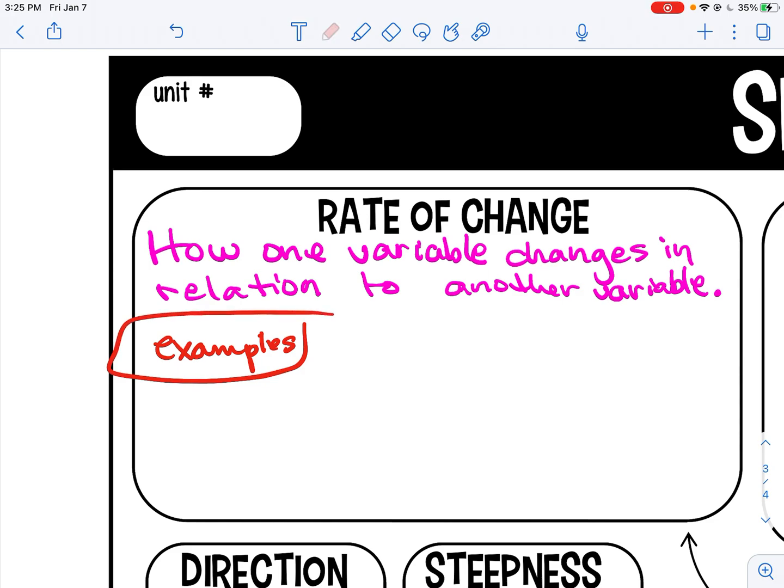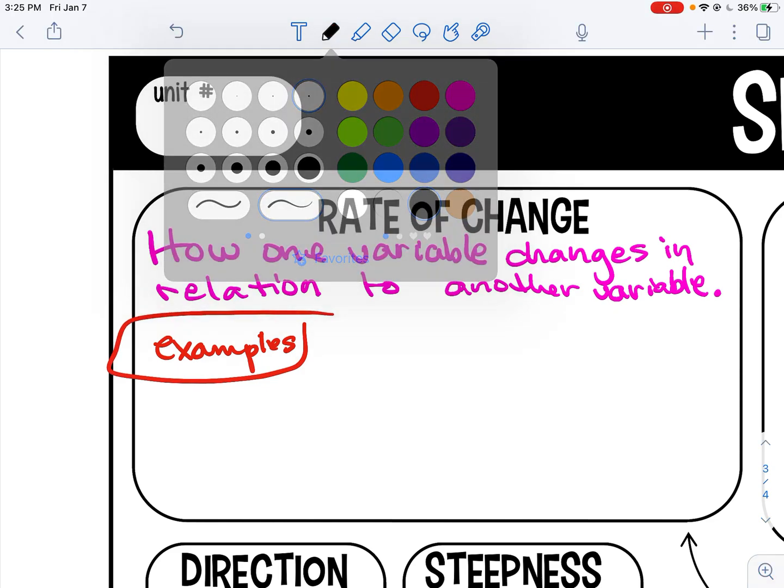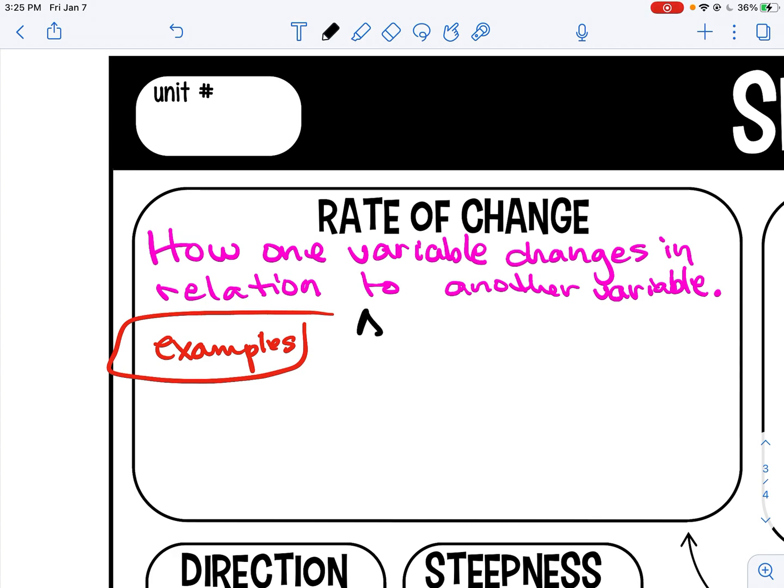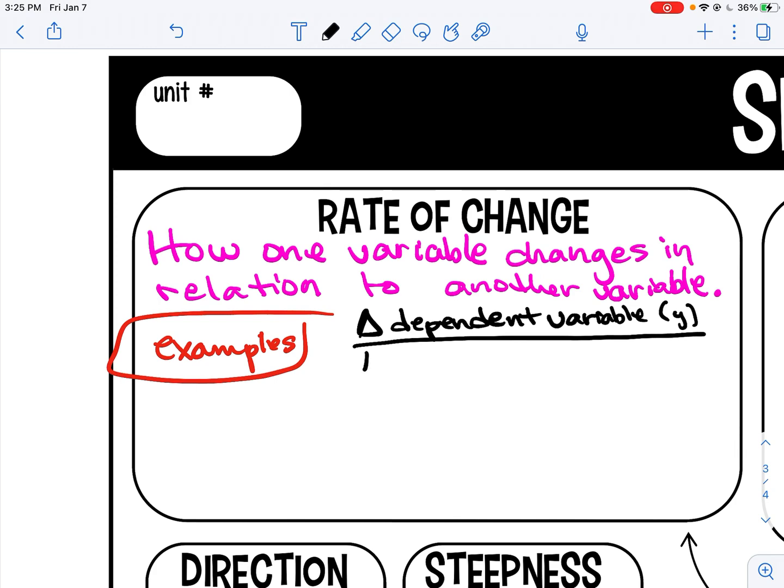Okay? Oh, before we do the example, how about we do the change of the dependent variable. And remember how we talked about that's usually the y, over the change in the independent. Oops, that was weird.